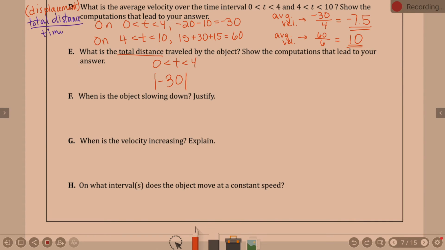And then we also had the interval from 4 to 10. And from 4 to 10, it was 60. So that whole idea of left versus right, this is moving 30 left, this is moving 60 right, but the total distance is you're looking at the positives there. And so 30 plus 60 is, excuse me, 90. And on this one, I actually put 90 units, but 90 would be a fine answer.